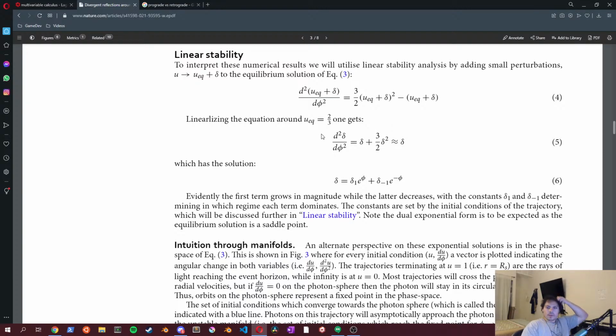Sorry, they're setting the equilibrium to 2/3, but the derivative of 2/3 is of course 0. So they say you basically get squared here.